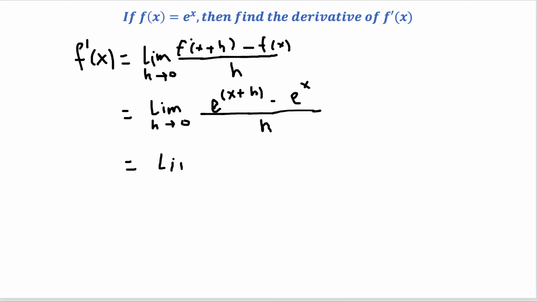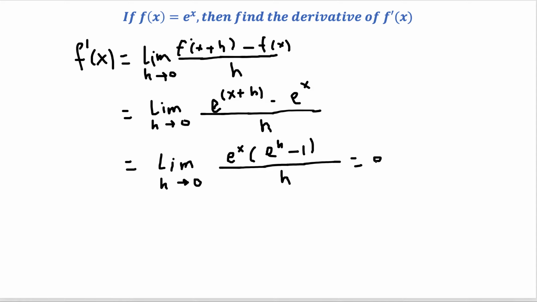But first let me write the limit as h approaches 0, and since e to the x is a common factor, inside is going to remain e to the h minus 1 divided by h, and this we can write in this form.